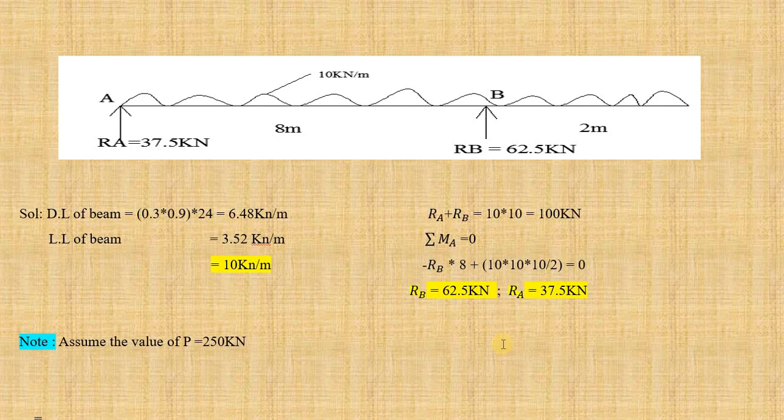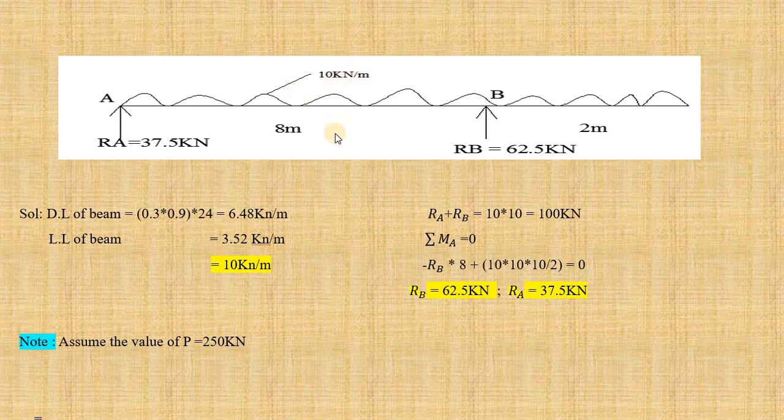If we take sigma V equal to 0, I should consider all the reactions acting in a vertical manner. So RA is acting upwards, consider this as plus RA, and RB is also acting upwards, so plus RB.